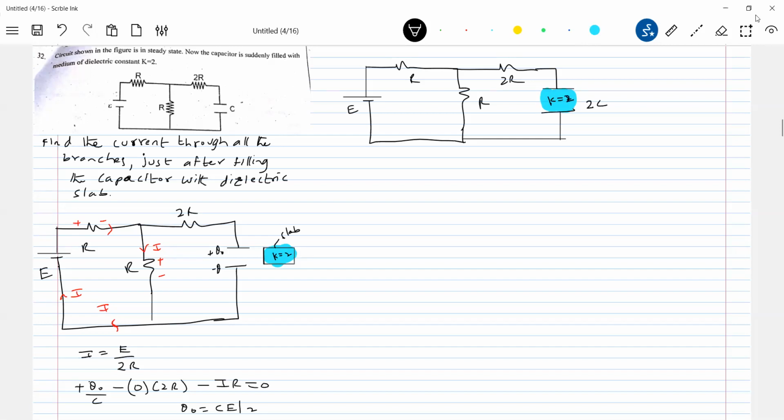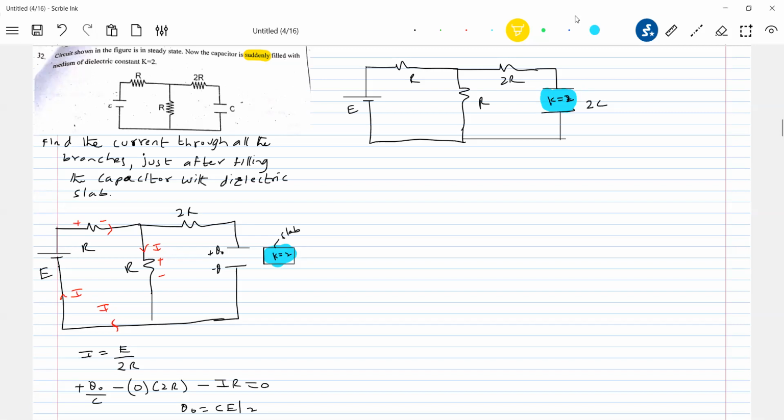You have to be extra alert here. What do you mean by sudden? Sudden, I'll underline in the question. Suddenly. What parameters of the capacitor will change? Definitely the capacitance will increase by 2 times. Then what will happen to the charge? Suddenly the charge cannot change. If the charge changes suddenly, it means the law of conservation of energy is violated.